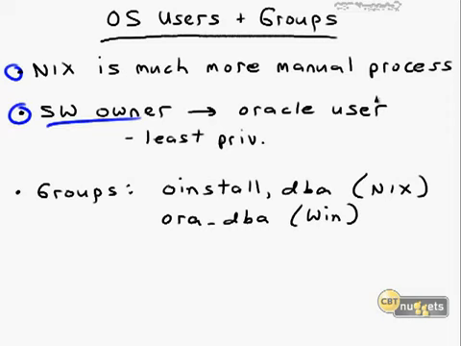Traditionally, the way folks install Oracle is that they're going to create a separate user account in the operating system. The traditional name for that account is oracle, and we want to make sure that that account is least privilege. In Windows, of course, you have to be a local administrator to install software, but we want to be careful about not using that oracle account for things other than software installation and software maintenance.